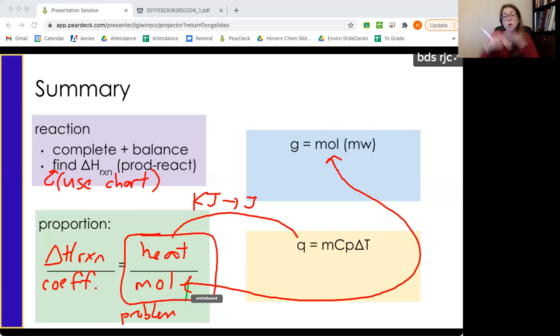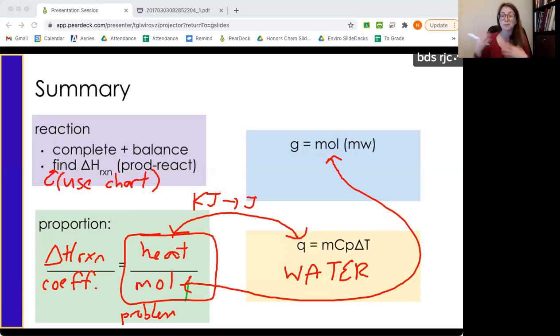What order we go in totally depends on what we're given. If we're given grams, we can find moles and then plug it into the proportion. But maybe we're asked to find grams, so that's our very last step. Maybe we have enough information about the water to use Q equals MCP delta T, so we can find that Q and plug it in and use that to get to my proportion. We have these 4 components of these problems.